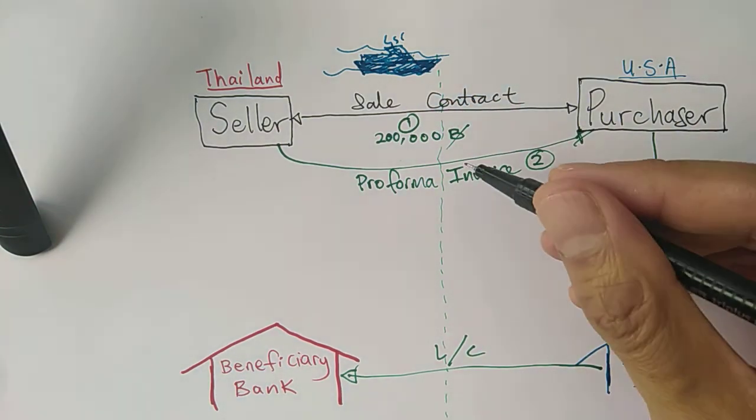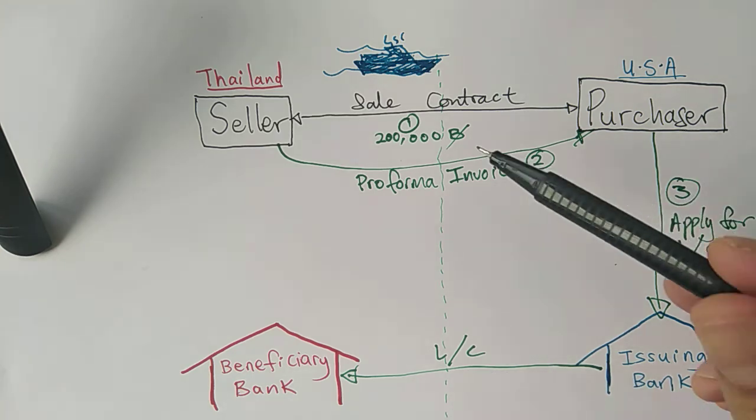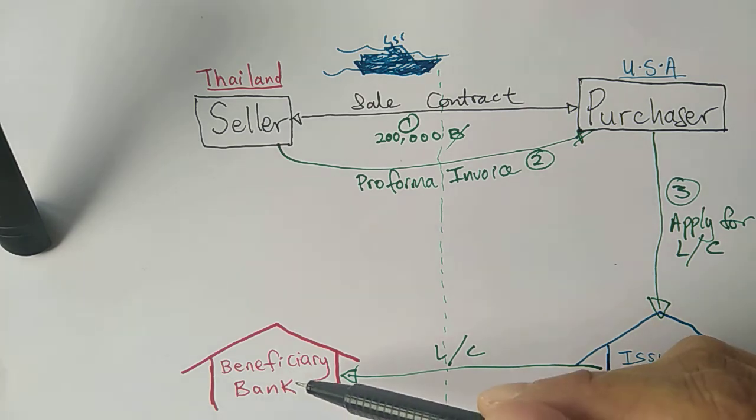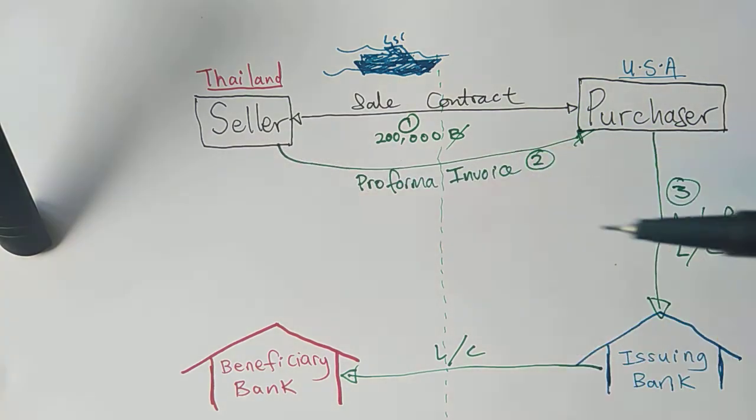Let's say this is the purchase price, or you want to call it sale price, same either way. The issuing bank issues a letter of credit. The letter of credit basically guarantees that the purchaser has 200,000 baht in the bank account. And the purchaser has an account here, of course. The letter of credit goes to the beneficiary bank, the seller's bank.